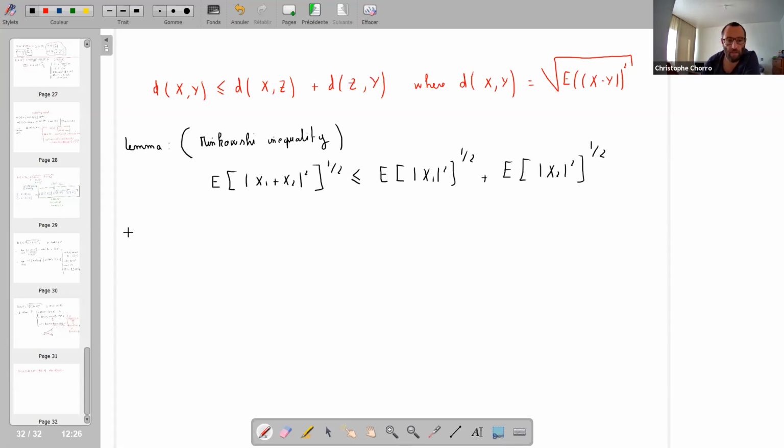And I want to prove this lemma. But before doing the proof, what happens if I suppose that this lemma is okay?